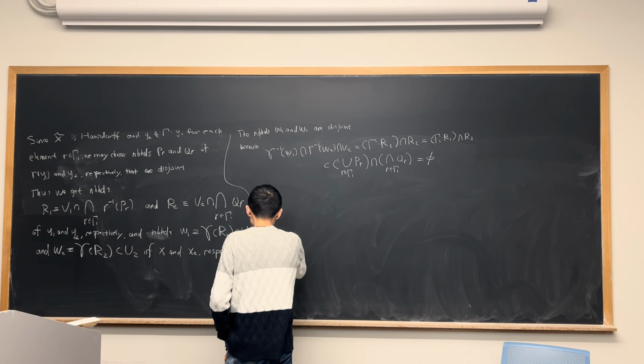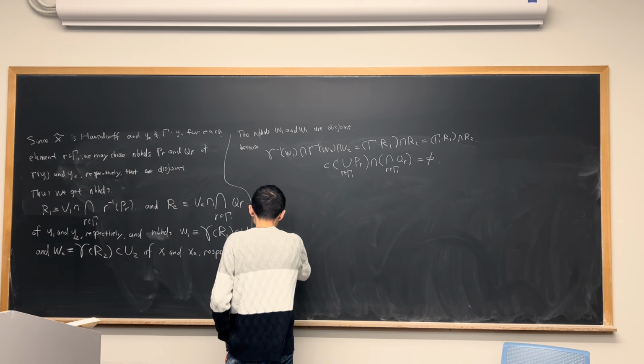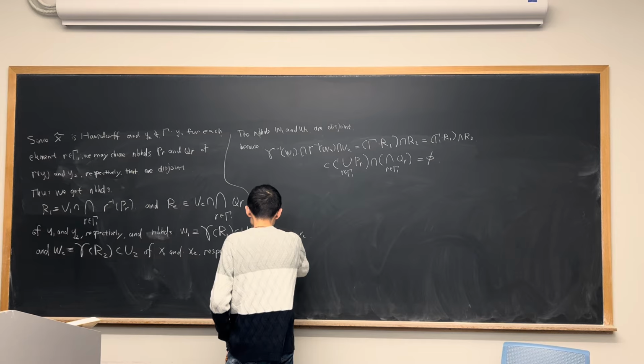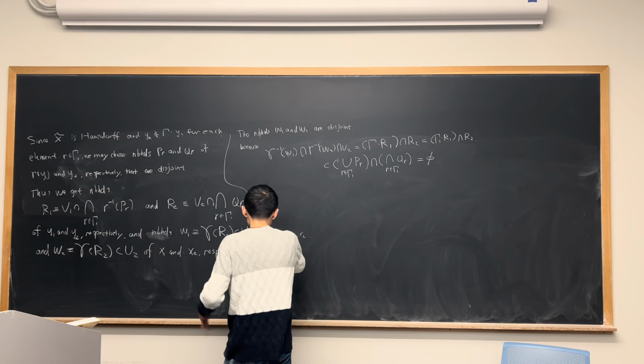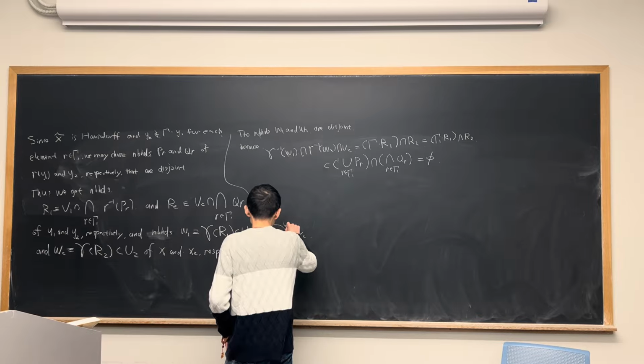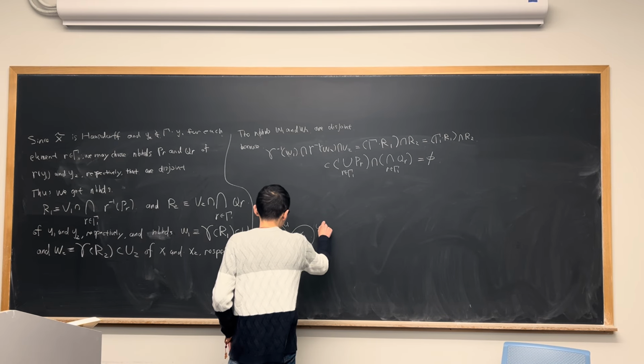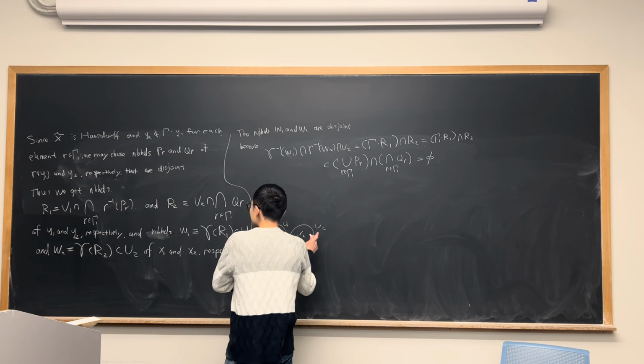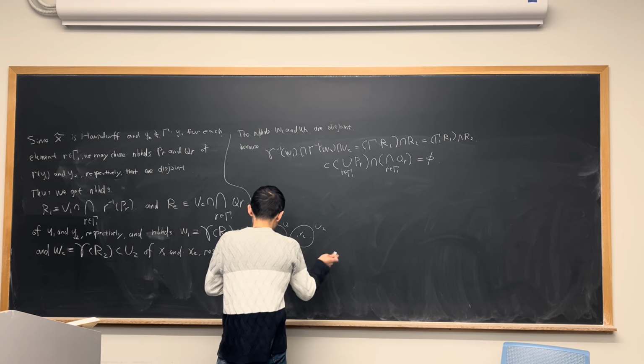So we pick any two points, x1 and x2 here, and the previous setting allows us to give evenly covered neighborhoods, let's say u1 of this x1 and u2 of this x2. At this point, we are not sure whether their intersection is empty or not.